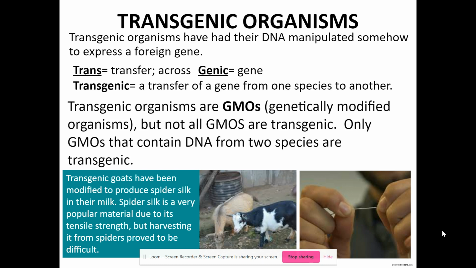What it means is that they've been modified in such a way that they have genes from spiders that produce that silk they make their web from, which is very strong. They have been joined with the genes of the goat. So in the goat's milk, it produces this substance that becomes the silk. It has to go through a processing, but this is something that could be very beneficial.